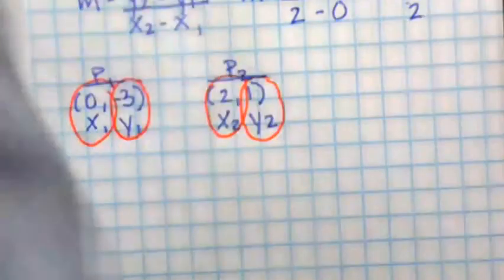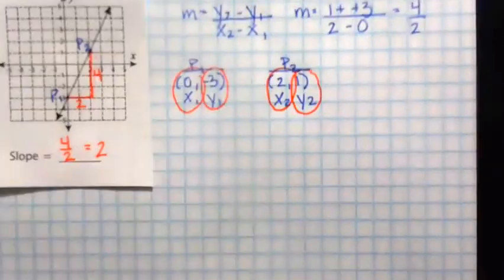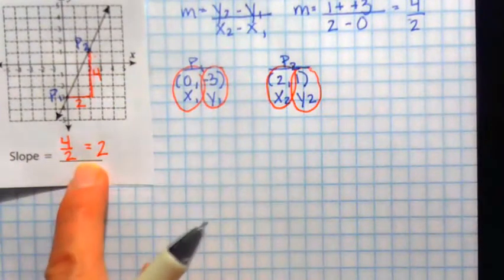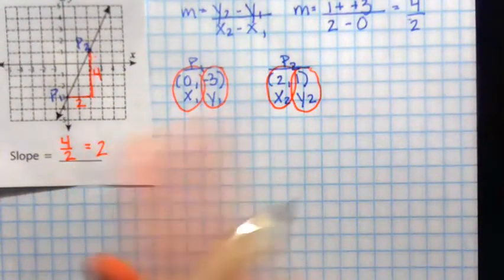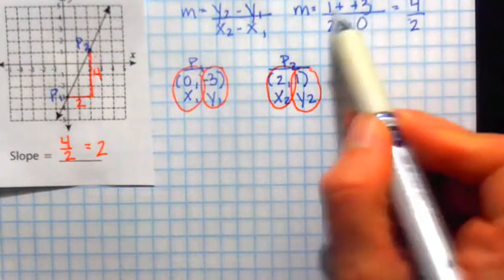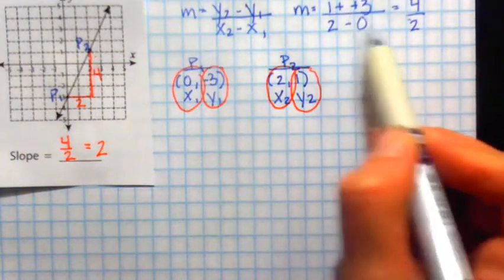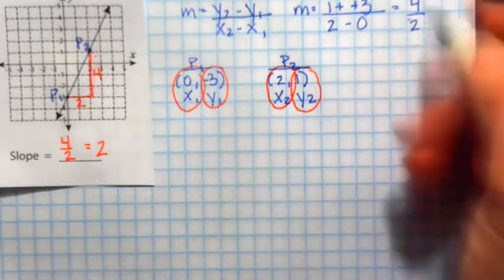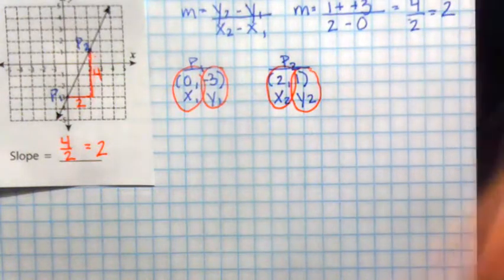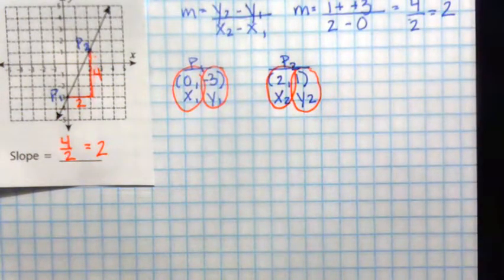Now this is starting to look familiar, right? 4 over 2, we had that right here. It's the same thing. We just found how far apart the points are on y, how far apart the points are on x, and we get the same answer of positive 2. So that's the first problem.